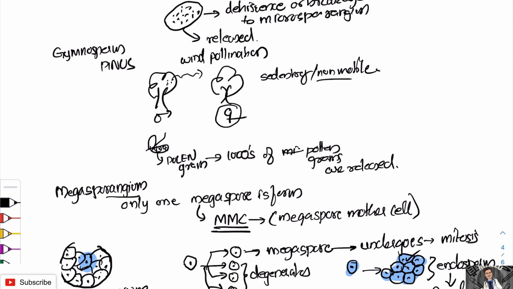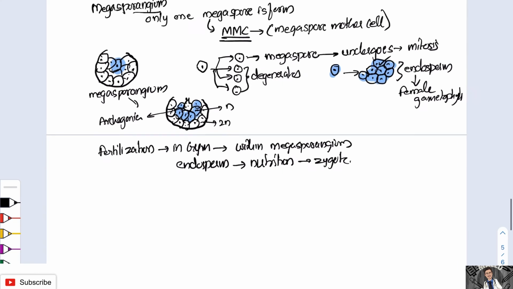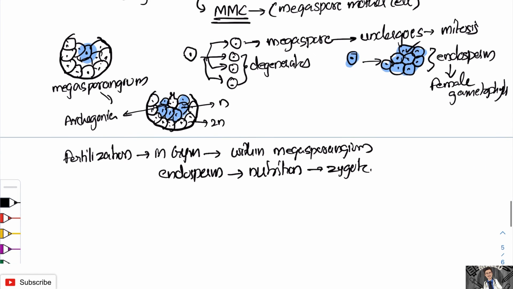So look at the chances. If only one microspore is produced in the male plant, then will it be able to reach the female plant? No. So thousands of them are released to undergo fertilization with the archegonia, and that completes the life cycle of gymnosperm.